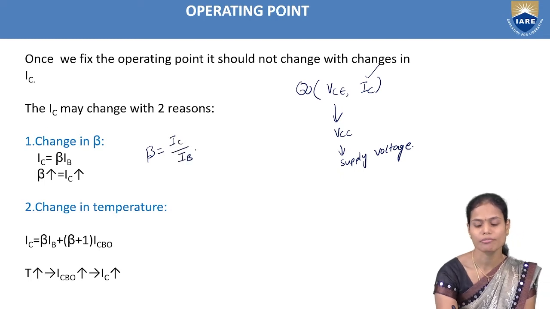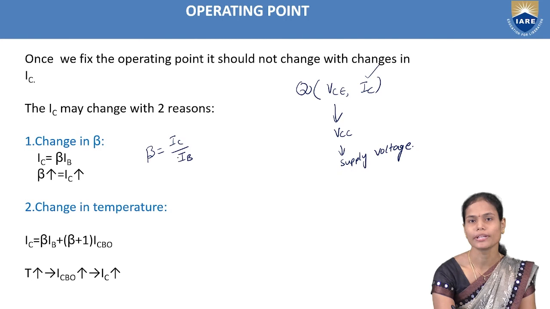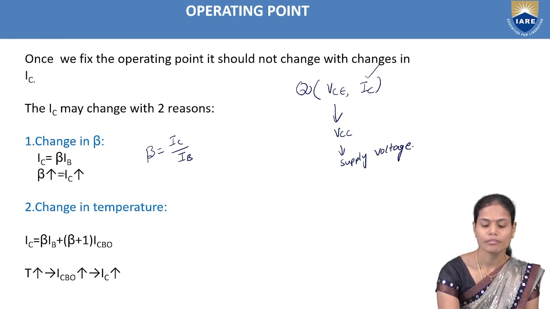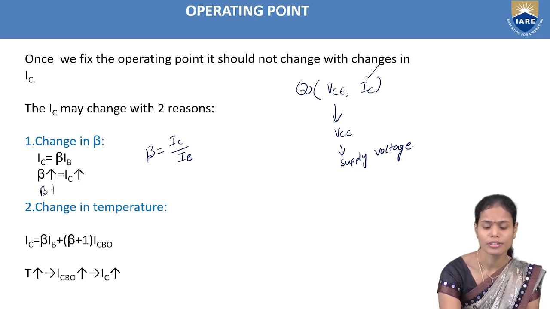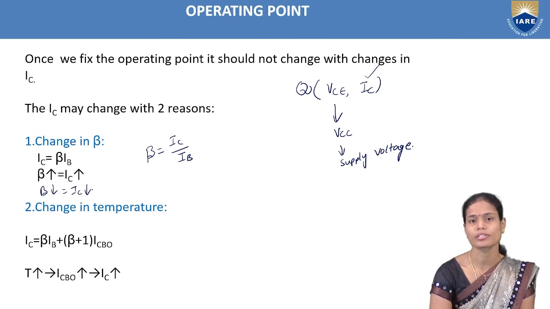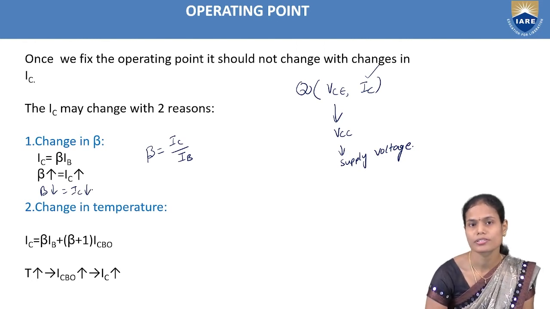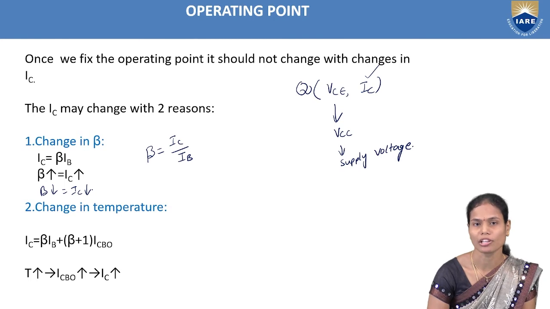Suppose the beta value is increasing, then the collector current will also increase. If the beta value is decreasing, the collector current will also decrease. That is, the collector current depends upon the beta value.